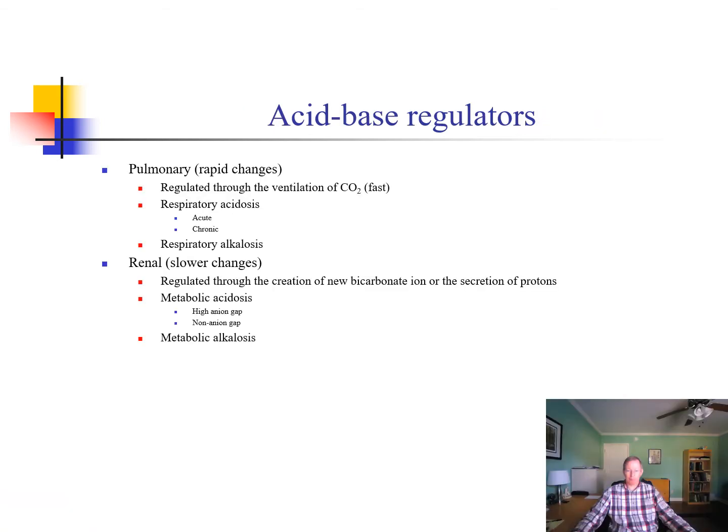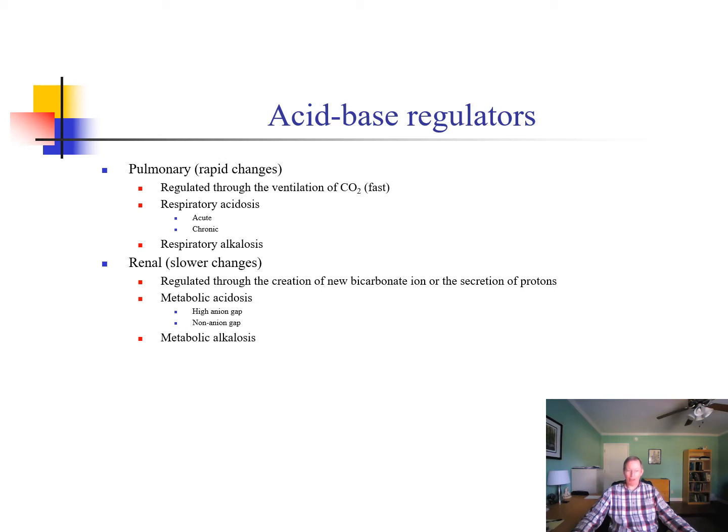Now, I have two ways of regulating acid-base in my blood. The first is through the change in PCO2, which is through ventilation in the lungs. I have a certain amount of carbon dioxide that is normally present in the lungs. Normally that's about 40 millimeters of mercury.